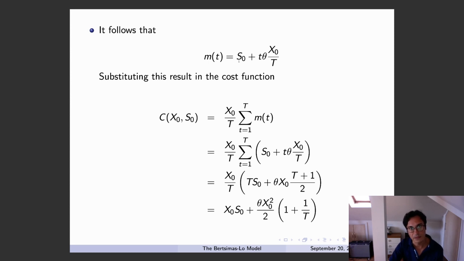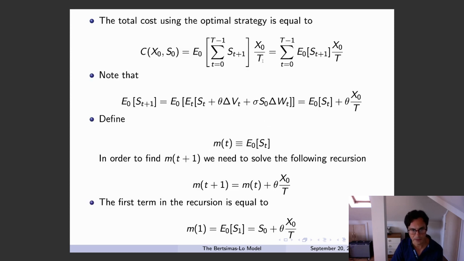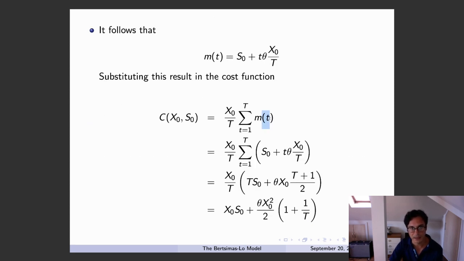We substitute again for m_t. Another thing I did is I changed the index from 0 to T minus 1, I changed it from 1 to T in the next summation, and then I can use m_t here. Just a little change to simplify notation. We substitute the value we found before.